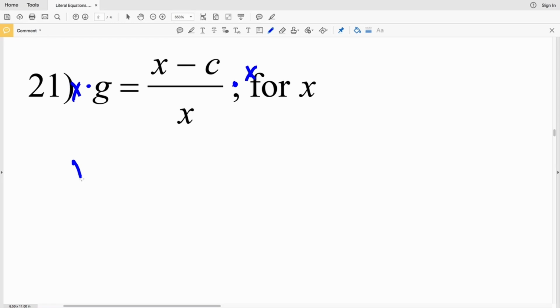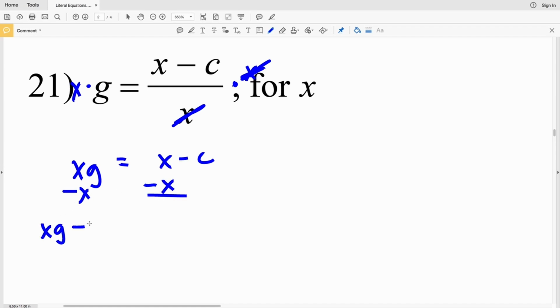When we do that, we'll have xg equal to x minus c, since the x's will cancel out. X divided by x is 1. Now I'm going to move the x to the other side. So I'll have xg minus x equal to a negative c. Now we can do the reverse of the distribution and pull out an x from both the xg and x term.